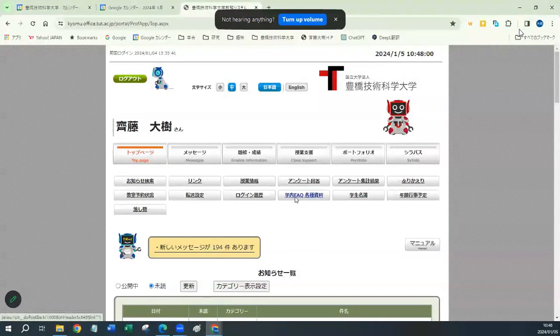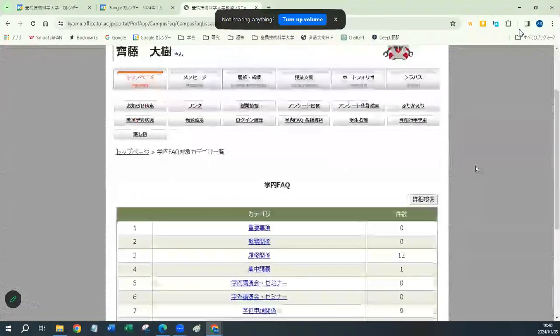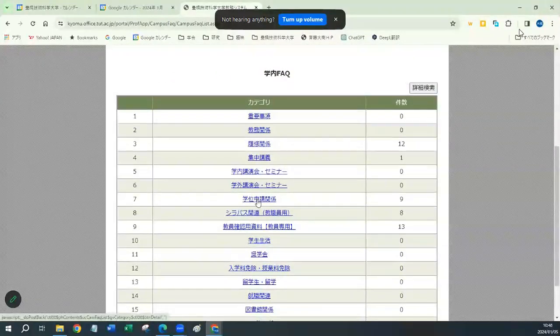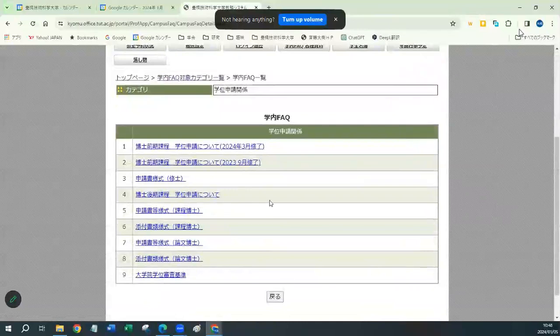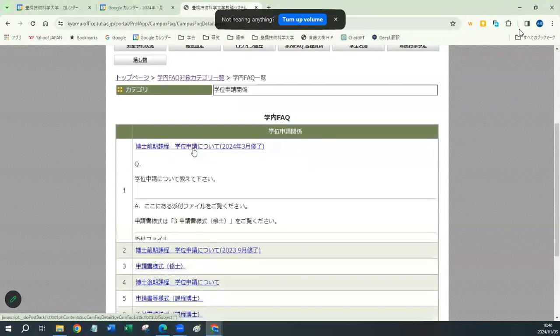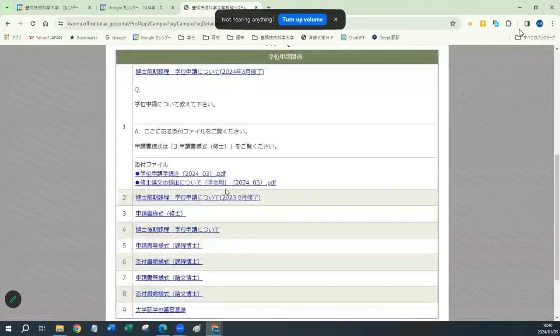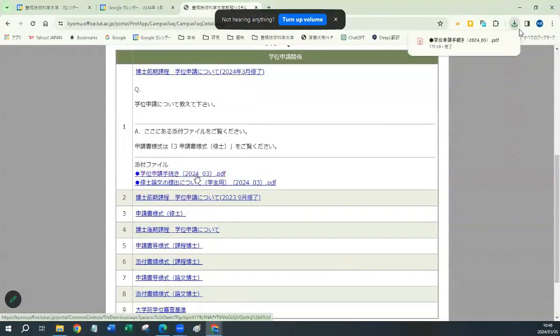There's an FAQ here. If you go down, number 7, degree application. And in this list, let's see. Maybe this one. Number 1, procedure. Let me see.